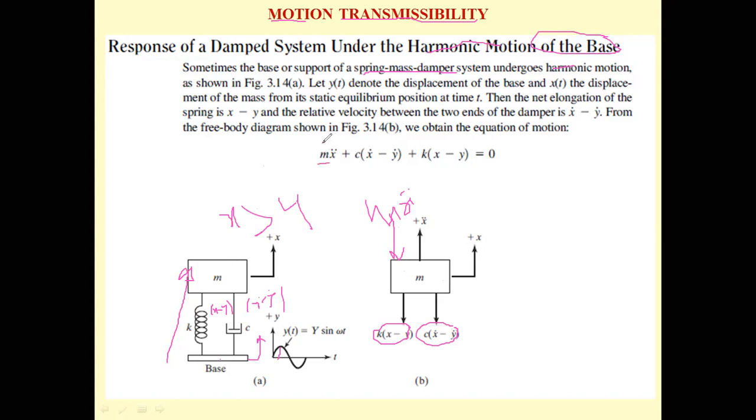So this is the inertia force m x double dot, and there are two external forces, the damping force c into x dot minus y dot and the spring force k into x minus y, equal to 0. So this is our first equation: m x double dot plus c into x dot minus y dot plus k into x minus y is equal to 0.